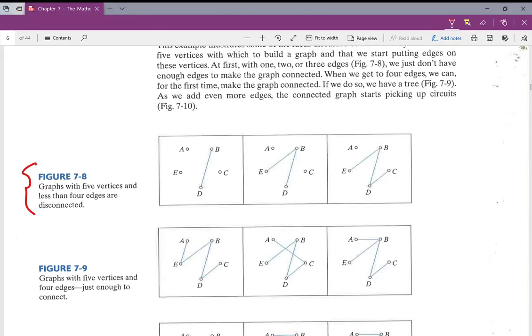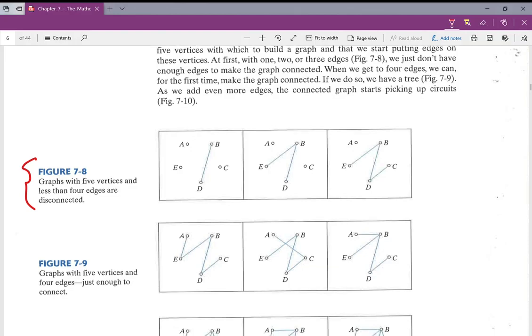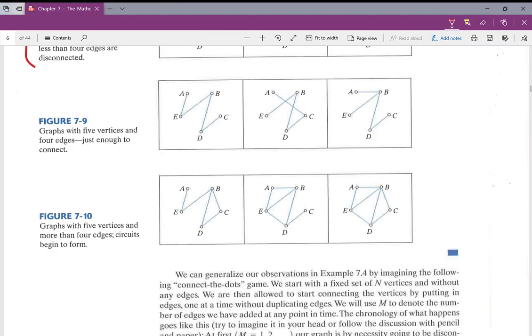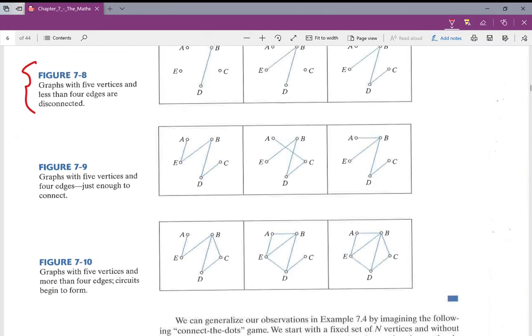If you have a graph with 5 vertices and less than 4 edges, it will always be disconnected. A graph with 5 vertices and 4 edges is just enough to connect. But again, this is the weak condition we talked about. We must add a word such as connected, 5 vertices and 4 edges, and connected.